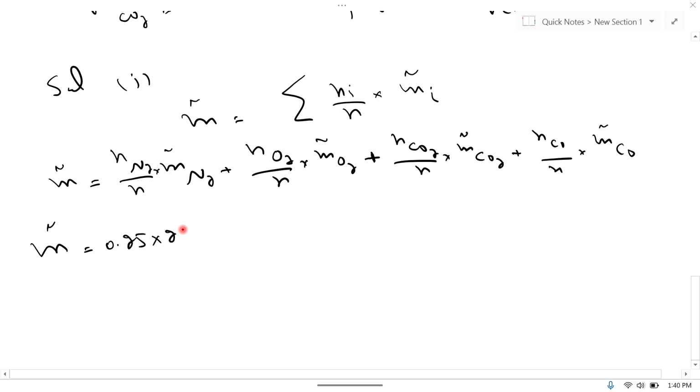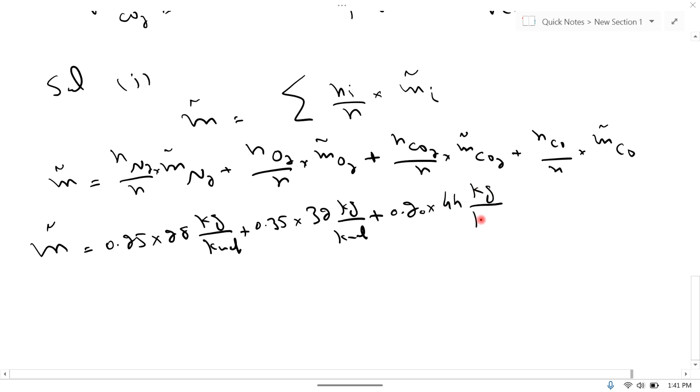Molar mass of nitrogen is 28 kilogram per kilomole, plus mole fraction of oxygen is 0.35, multiplied by molar mass of oxygen, which is 32 kilogram per kilomole, plus mole fraction of carbon dioxide is 0.20, molar mass of carbon dioxide is 44 kilogram per kilomole, plus mole fraction of carbon monoxide is 0.20 and molar mass of carbon monoxide is 28 kilogram per kilomole.